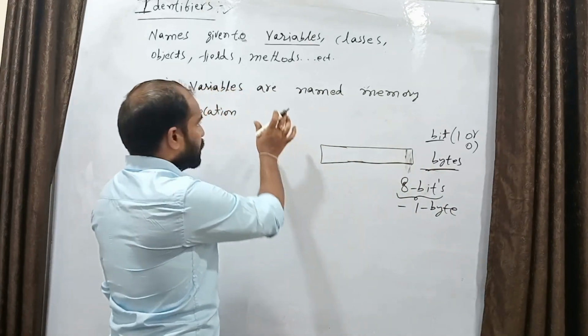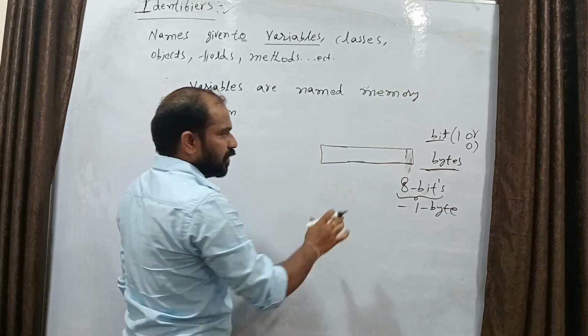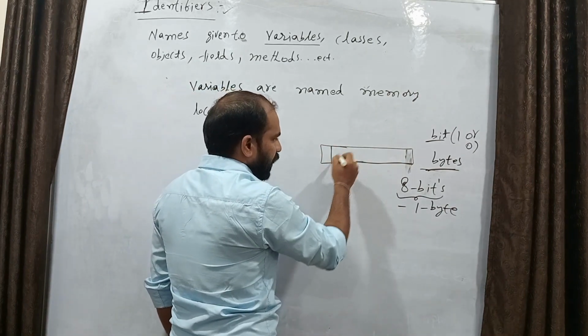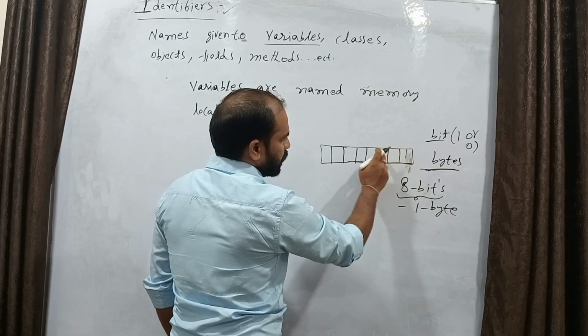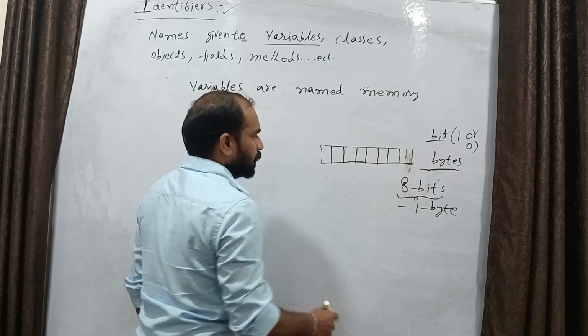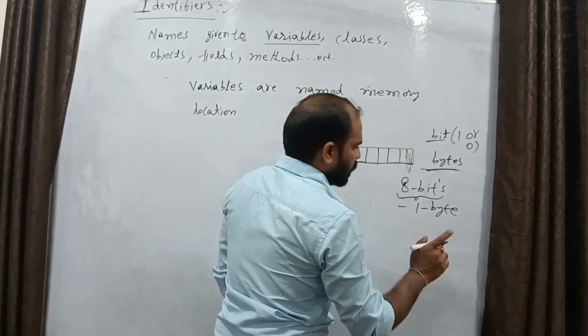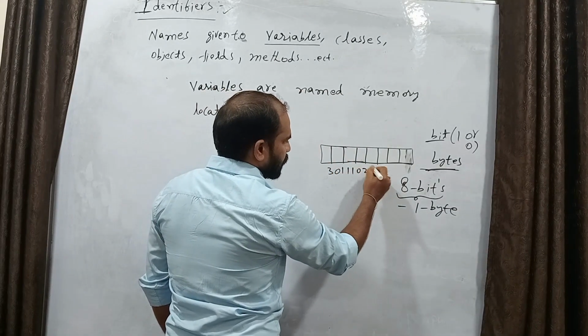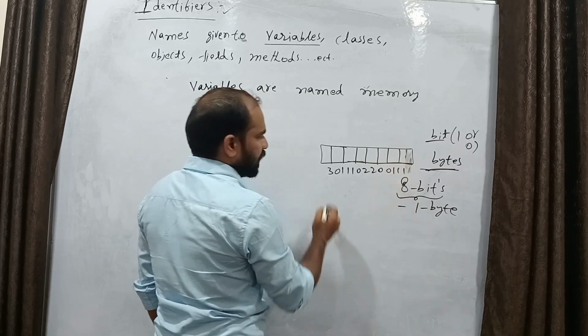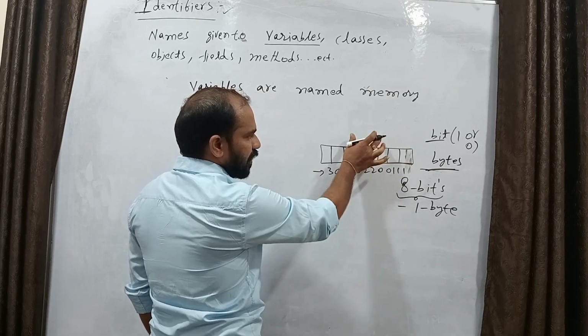That number is called a memory location or address location, right? So data gets stored in memory locations like this. Now consider 1 2 3 4 5 6 7 8. I am going to store 1 byte of data in the memory. This memory will have some address. This is called the address location of this memory.